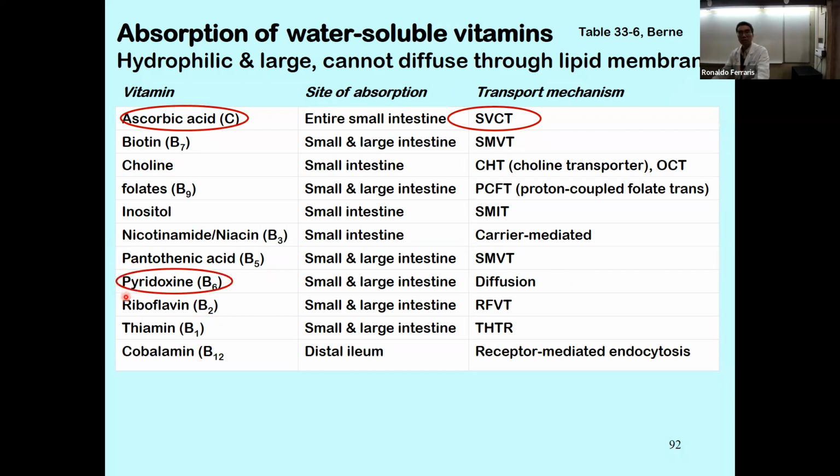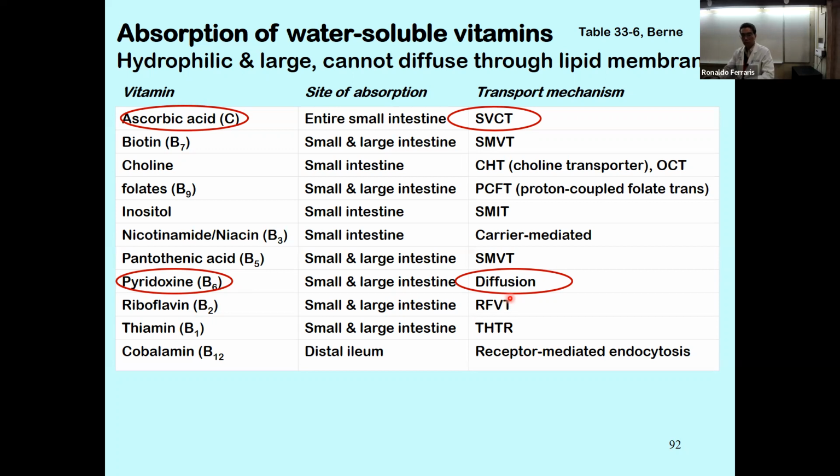Then you take extra vitamins, and a lot of Americans are actually deficient in pyridoxine or vitamin B6. This needs special mention because you need to be aware that vitamin B6 is only absorbed by diffusion. So it's a very slow process.